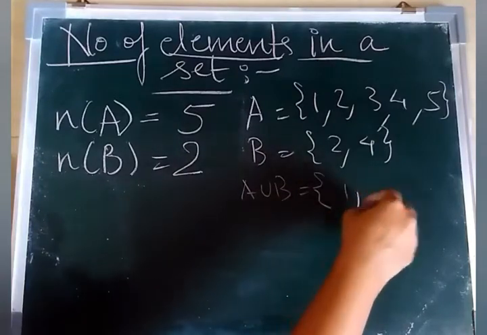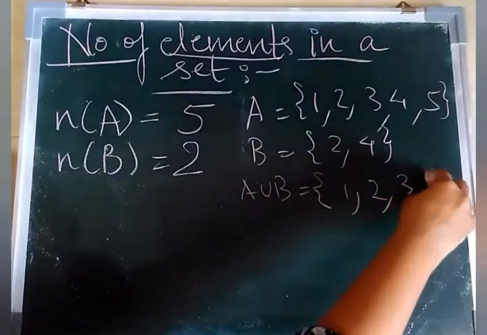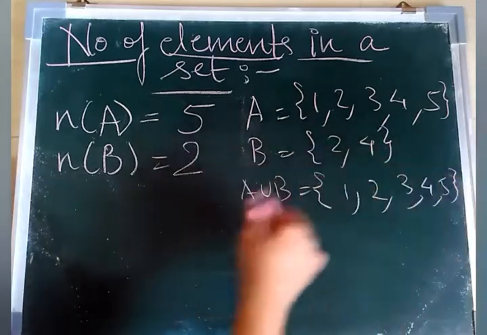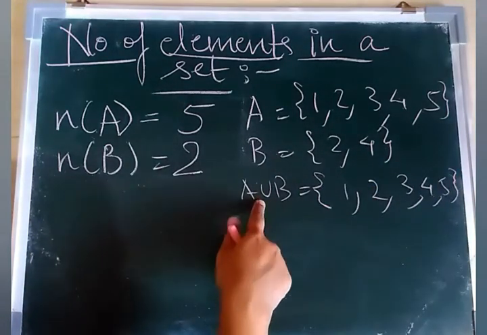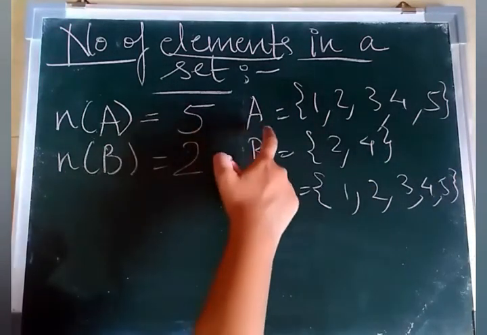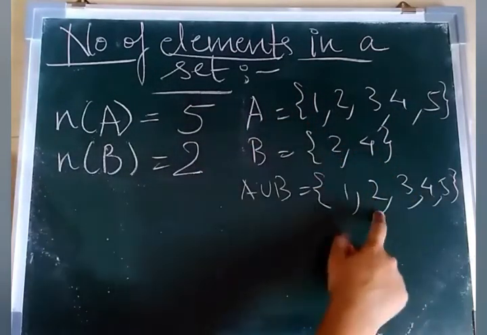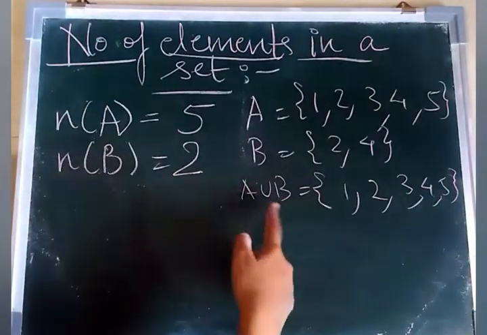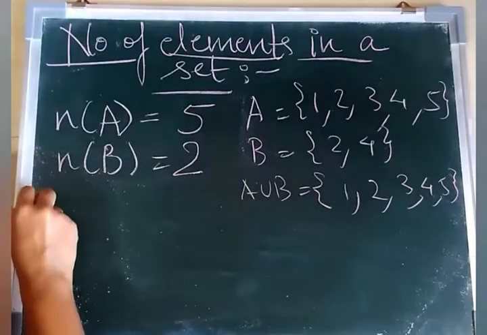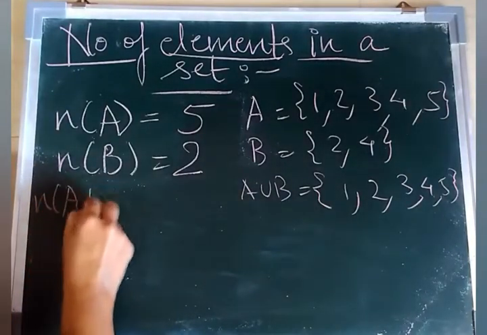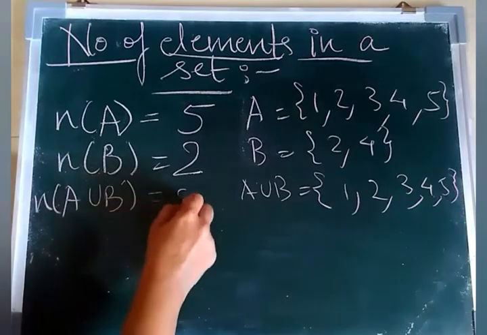It will be 1, 2, 3, 4, 5. We can say this by the property of unions of sets, that if B is a subset of A, then A union B should be the whole of A. So we cannot repeat 2 and 4 again because we have already included them here. So this is the same as A. So n of A union B is 5.